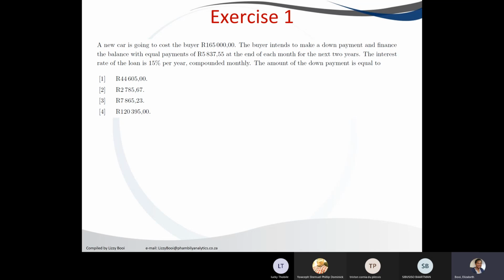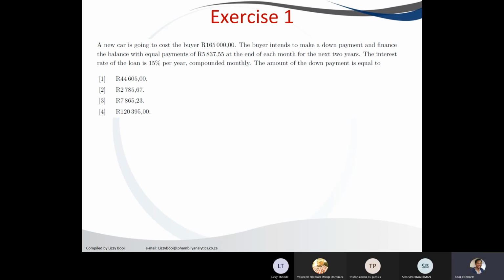He will need to calculate the present value, because after calculating it, it will tell you how much he was financing the car for, and we're going to take that money and subtract it from 165,000 so that we can see how much the down payment was.